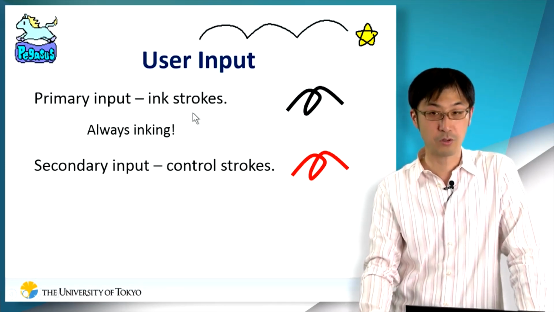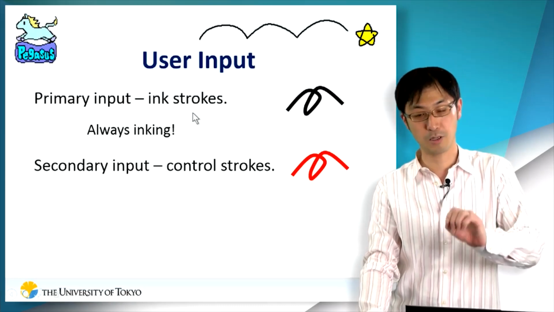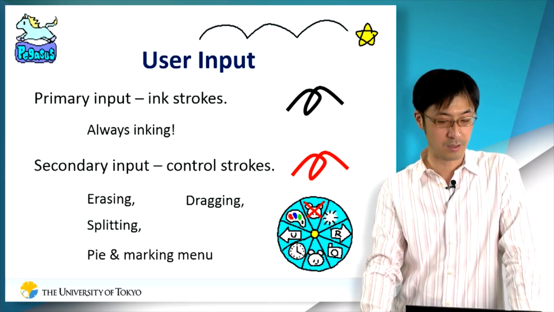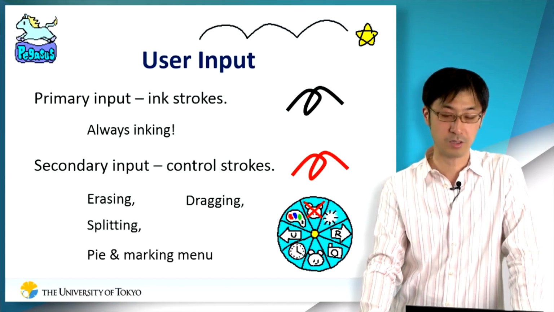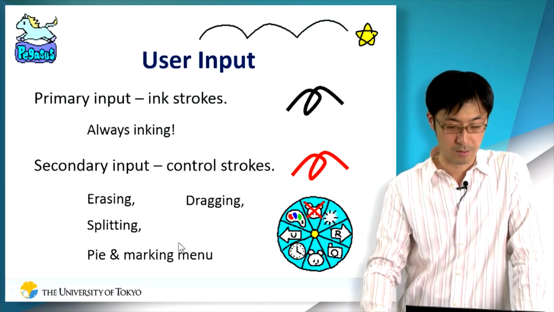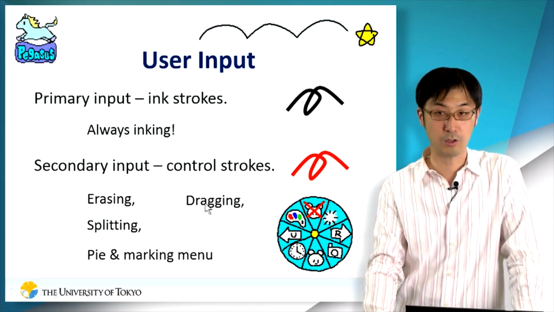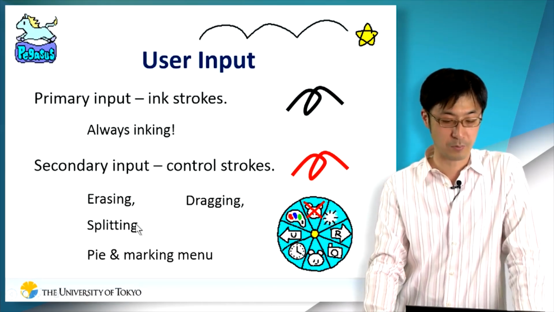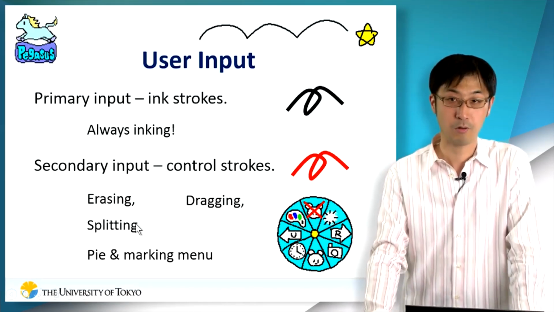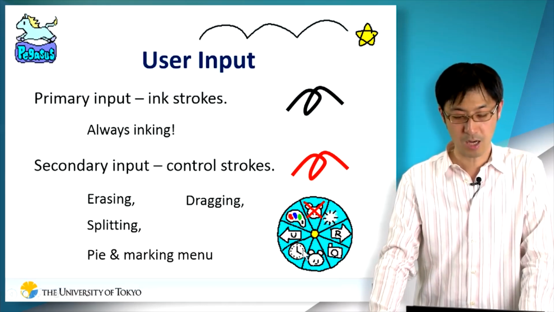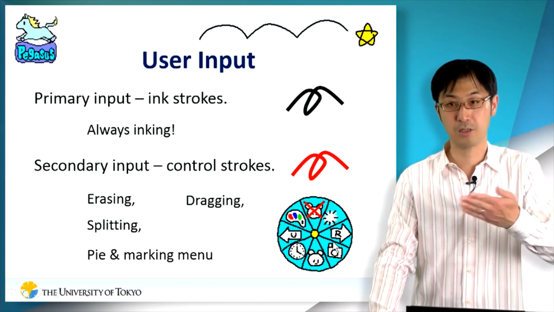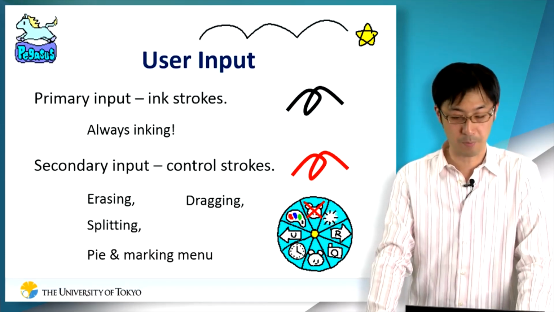The input stroke is always inking, so it's always a drawing on the screen. And the control stroke is for controlling applications. So it can be an eraser, or a dragging of an existing object, or splitting of a segment, or a pie and marking menu. The pie and marking menu is a radially arranged menu.